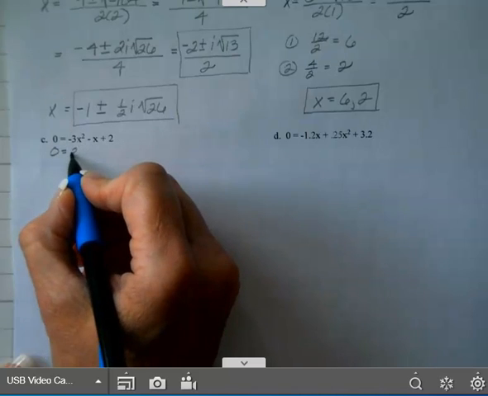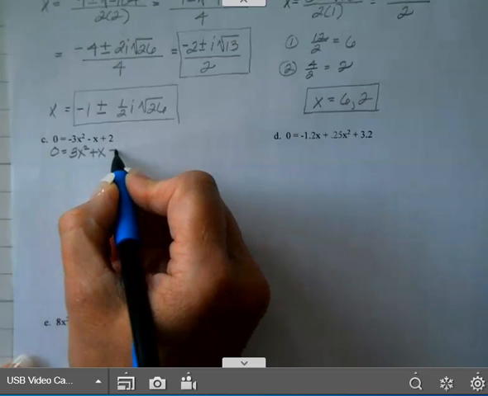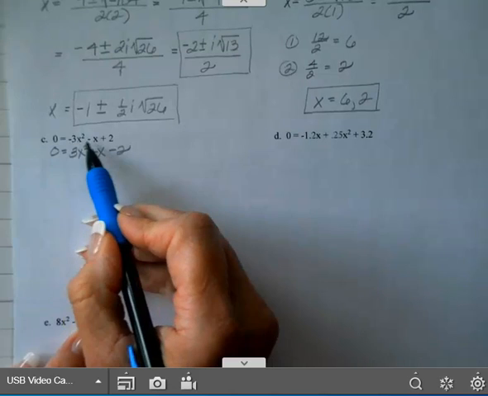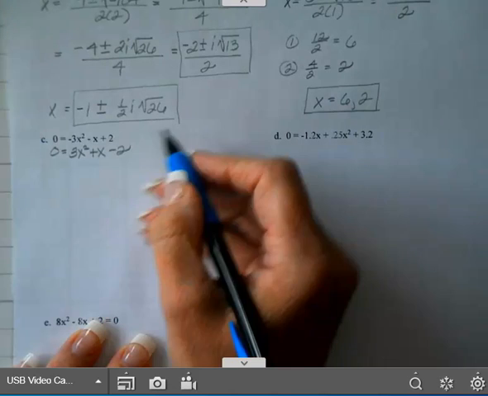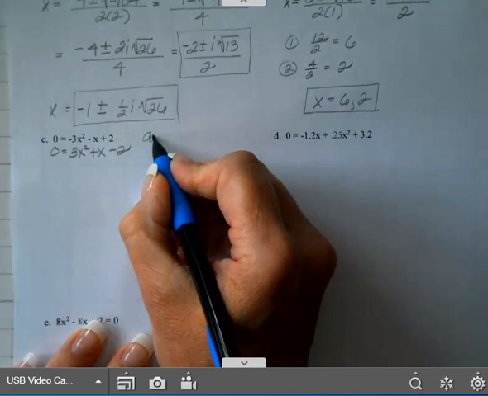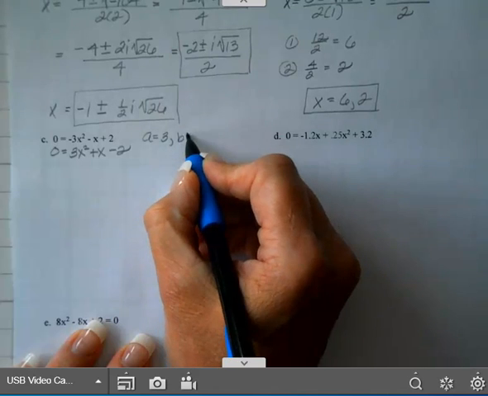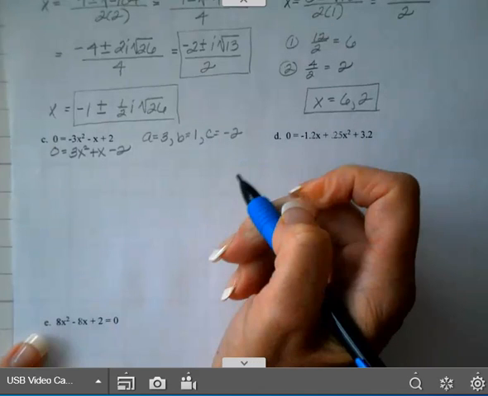So this is going to be 3x squared, plus x, and minus 2. You could have done a as negative 3, b as negative 1, and c as positive 2, or multiply both sides by negative 1. And I'm going to go ahead and do a as positive 3, b is positive 1, and c is negative 2. Either way will work out.